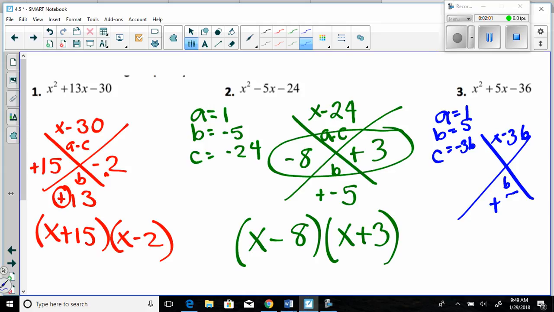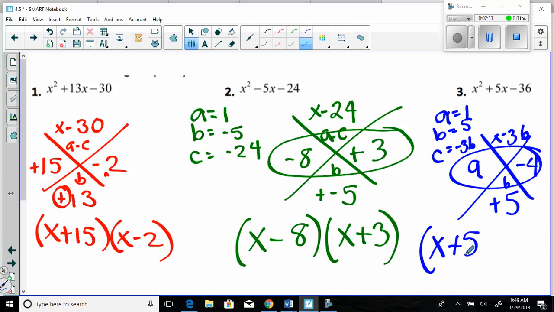Then 9 and negative 4 multiply to negative 36. Because 5 is positive, the bigger factor 9 is positive. So you get X plus 9 times X minus 4. Beautiful. And I don't need to put anything underneath because what is A in all of these? 1. Beautiful. So are we good with that?